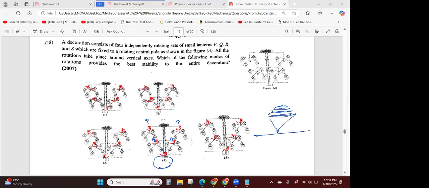But here, this one is down, this is up, this is down, this is up, and this is down. So the resultant will be smaller because some are acting downward, some upward. But here everything acts upward, so this fourth one is the most stable one.